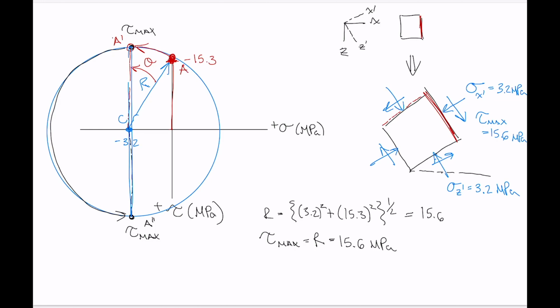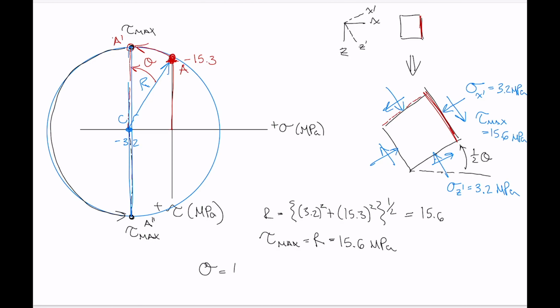Okay, let's see. So the only other thing that we need to fully define the stress state of this element that experiences maximum shear stress is the angle of inclination, right? And we said that that was 1/2 of the value of theta. So that's easy to get. We can get what theta is.